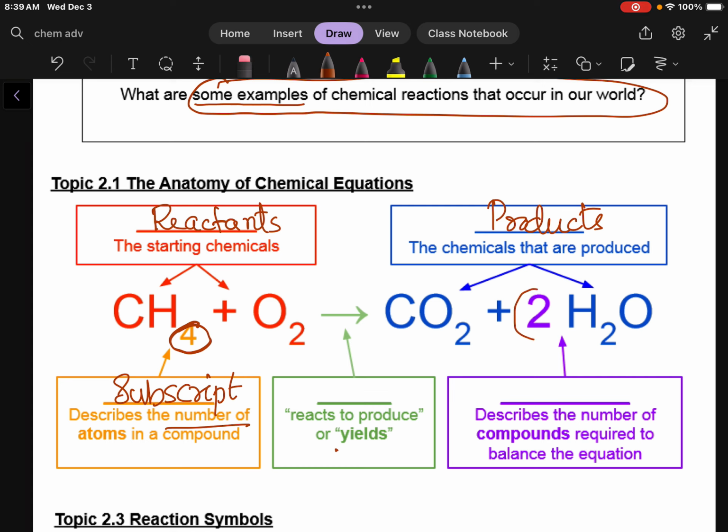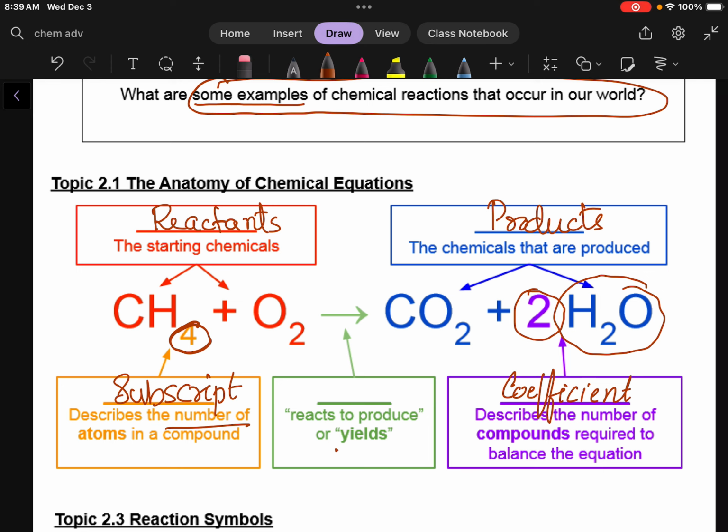But this purple number, that is on the left hand side of each compound or molecule or element, is called coefficient. So coefficient tells us how many total of that one is there, not just one element, okay? If there is a big molecule, all the atoms will be doubling or tripling based on the coefficients.